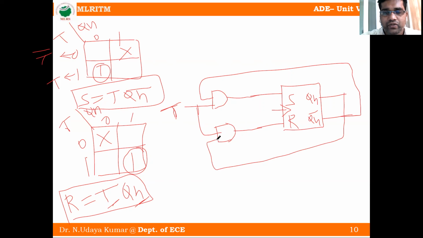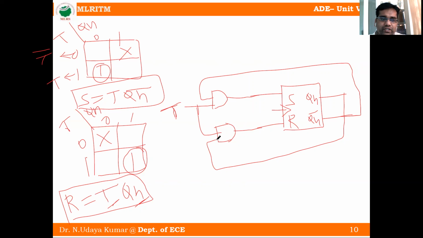Okay, so this is a T flip-flop. Actually, it is an SR flip-flop, and we have converted it into a T flip-flop with some small modification, some extra circuitry added to the SR flip-flop. So this is the conversion from SR to T flip-flop.